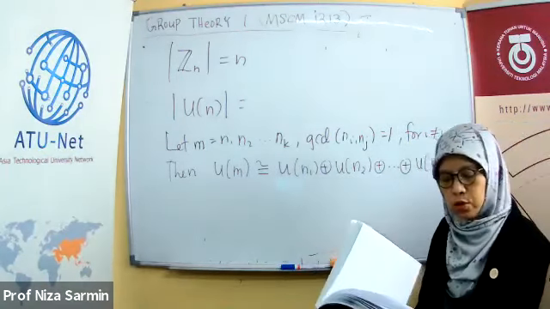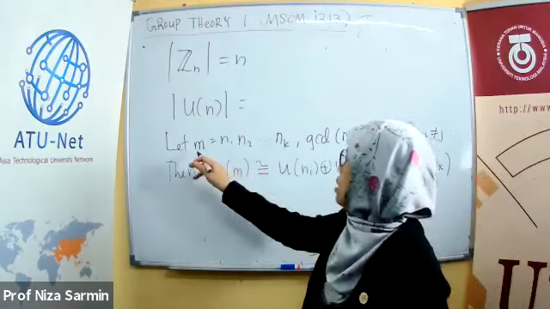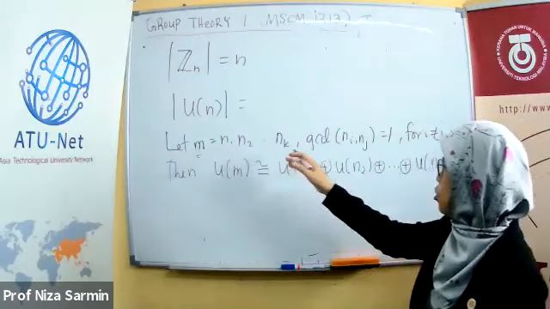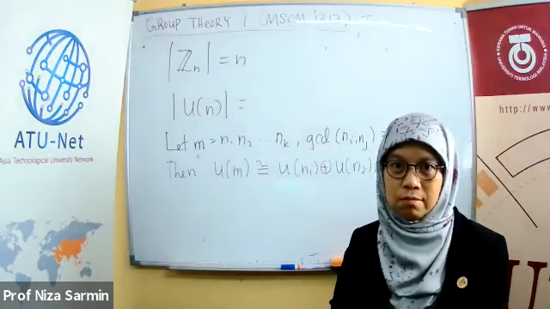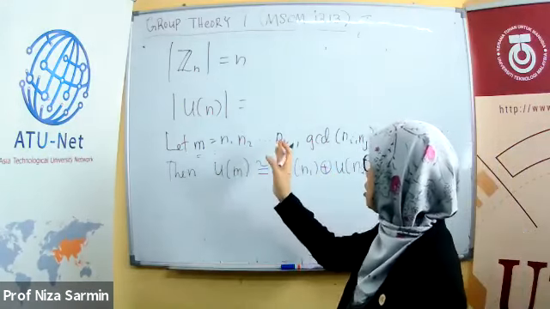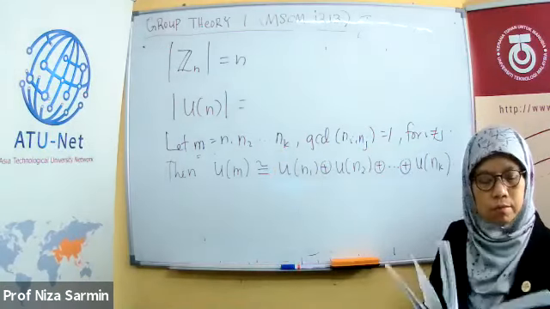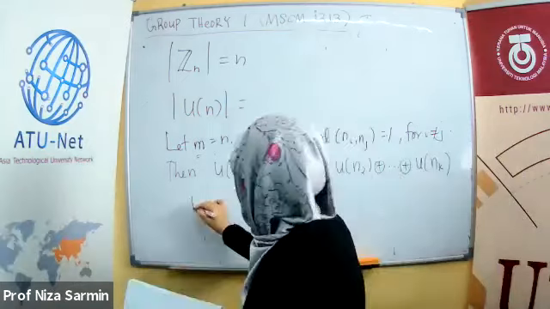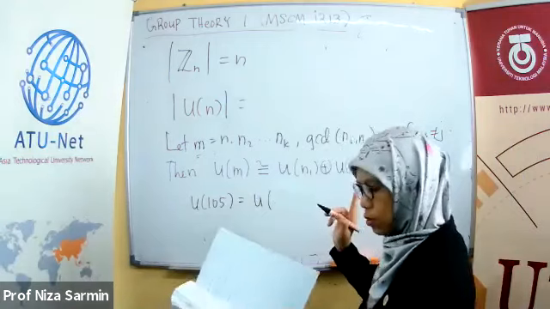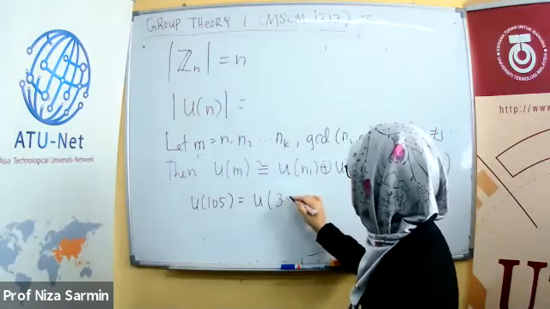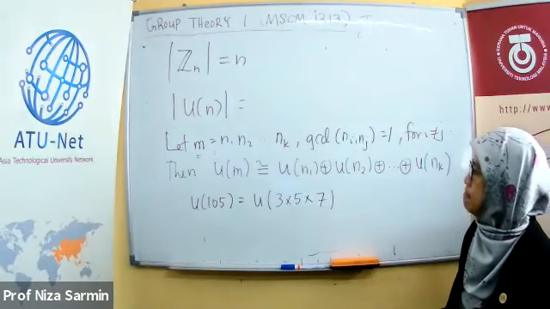Okay, so what we will do is we will write the order as a product of powers of primes so that the GCD is always 1 in between. So for example, U105. So 105, you break up into primes.